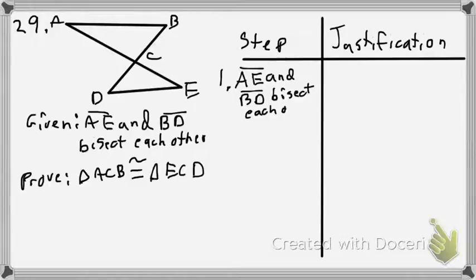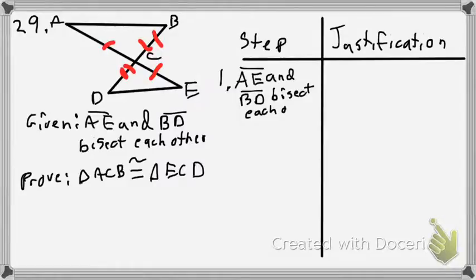But if AE and BD bisect each other, then these two are going to be the same and these two are going to be the same. So really what we have to look at is our best bet to show that those two sides are the same. They give us side, side, side. Or do we need to show that both of those angles are the same?